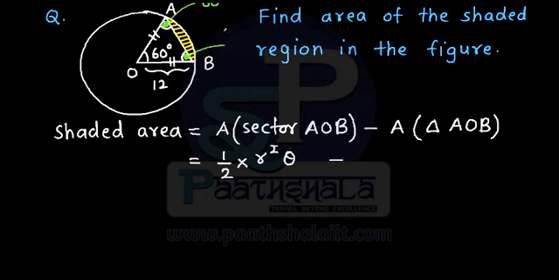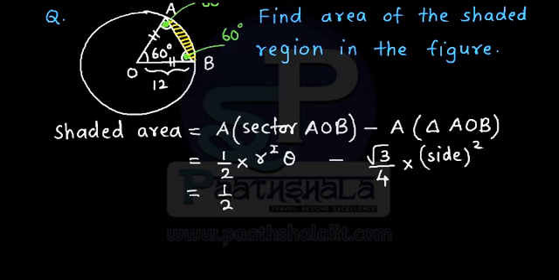So basically that means the triangle OAB is nothing but an equilateral triangle with side 12, correct? So as we know, the area of an equilateral triangle is root 3 by 4 into side square. That's the formula for the area of an equilateral triangle.